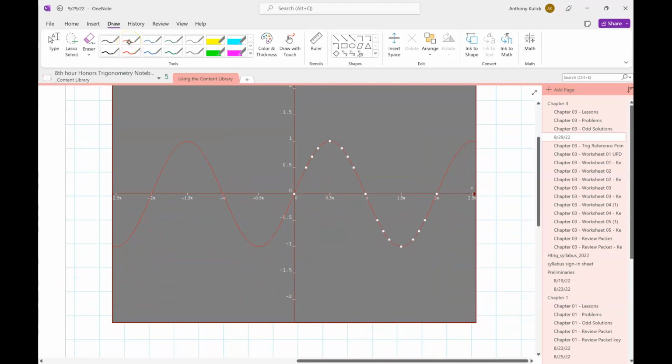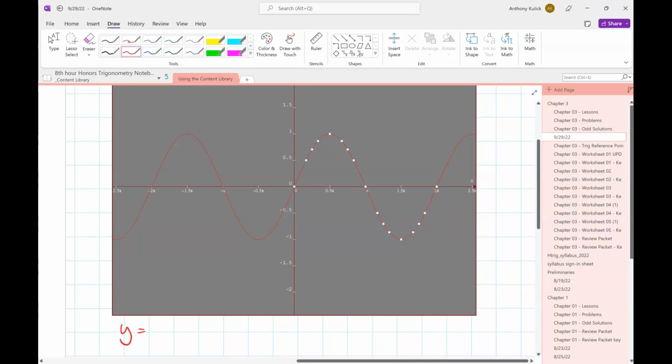So this is the graph for the sine function. Everybody feel okay with the picture that we got there and where that picture's coming from?